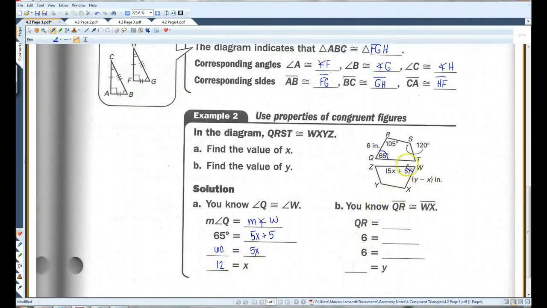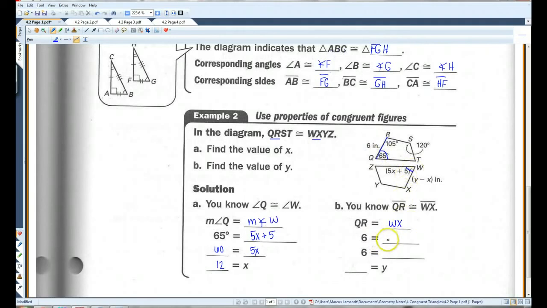Alright, let's solve for y. We know here that x is 12. Okay? QR, that's this side here, corresponds with WX. So QR equals WX because QR are the first two letters and WX, that's the first two letters of the second one. QR has a length of 6.